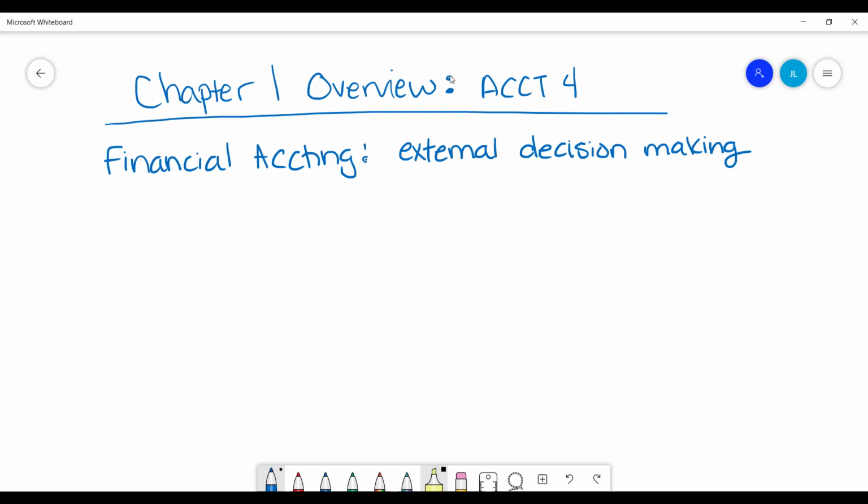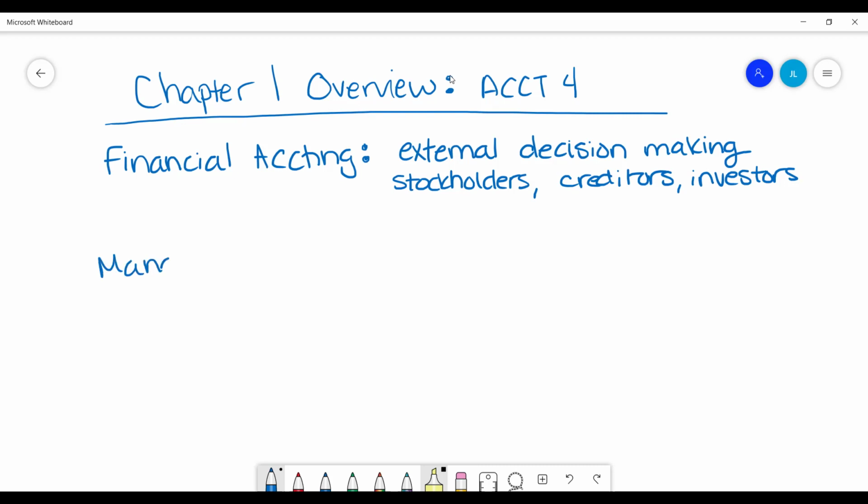And even before we learned how to set up financial statements, we learned all about the accounting cycle, right? How to put together those entries and make sense of all that information. And all of that was focused on these external decision makers, which included groups like stockholders, creditors, and investors. That's not a complete list, but that's an example of what we looked at in financial accounting.